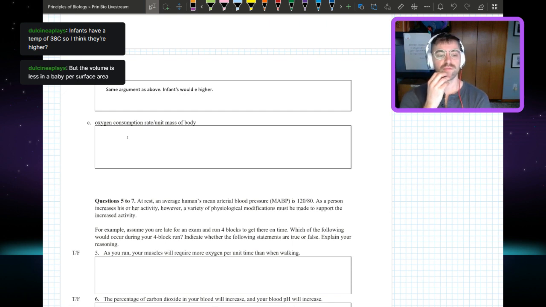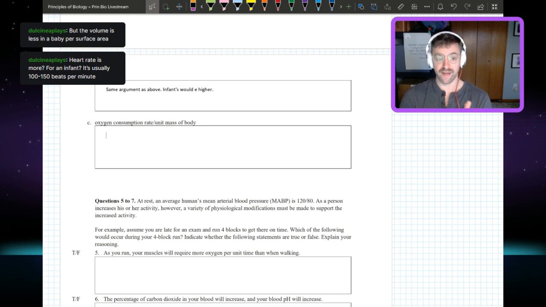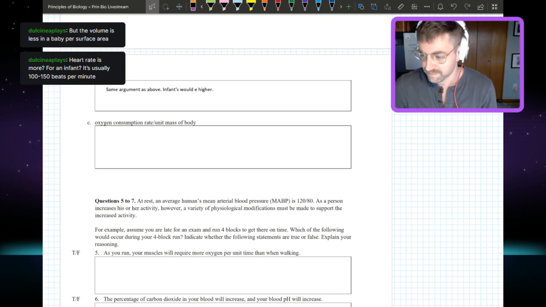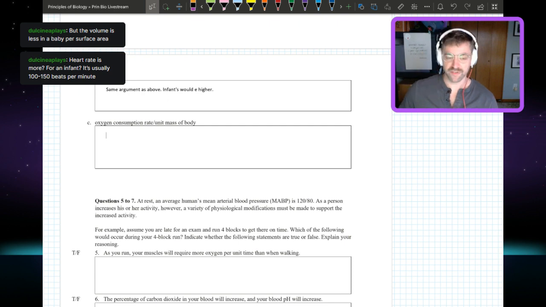So to maintain a constant temperature, infants are going to require that high metabolic rate we talked about. So as a result, both the heart rate and oxygen consumption rate per unit mass of body will be higher in the infant than in the adult. And this is why infants require far more calories per unit of body weight. Much higher in infants.